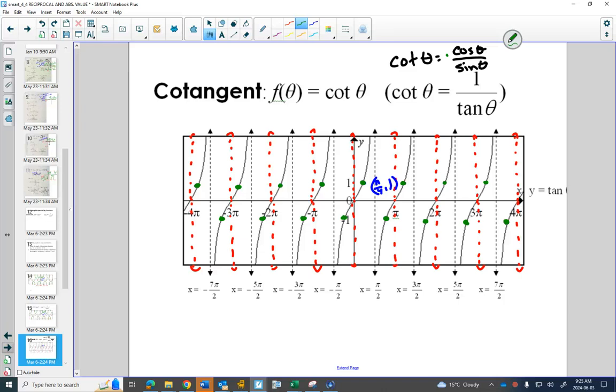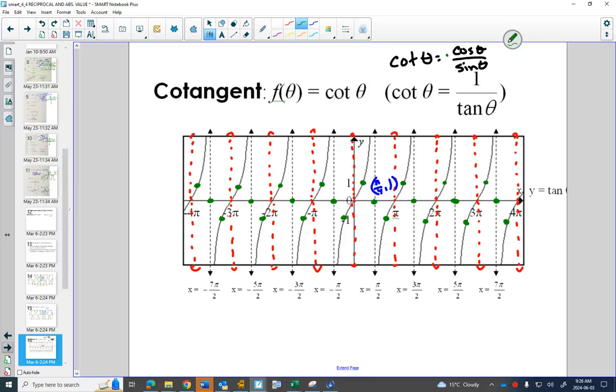It's equal to 0 at pi over 2, at 3 pi over 2. In fact, wherever the tan graph had asymptotes, your cotangent graph has an x-intercept. So that's a special rule for the cotangent graph, because you have to think of it as cos over sine, and technically it's not 1 over tan. Okay?